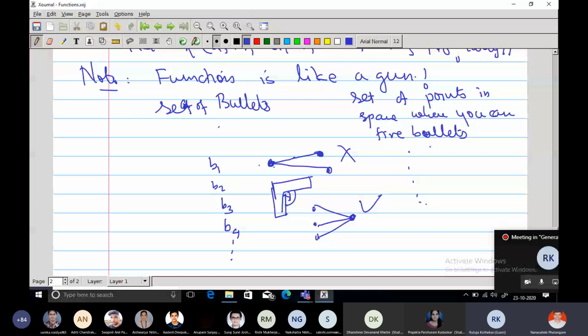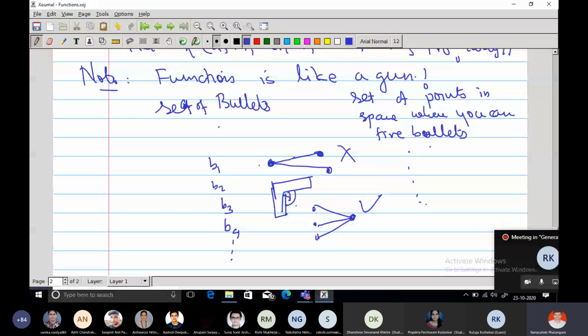You cannot fire the same bullet at two distinct places. You may fire many bullets at the same point, and if you have a gun and a bullet, you can fire every bullet. There is no situation where this bullet cannot be fired by this gun. So you can fire every bullet, and this particular bullet is fired at a unique point.